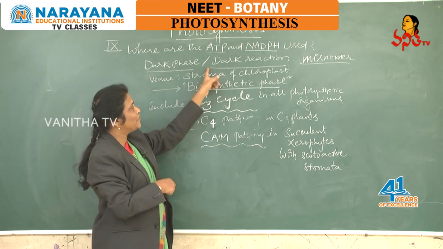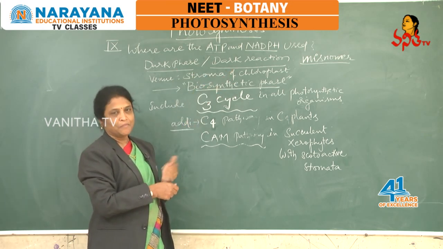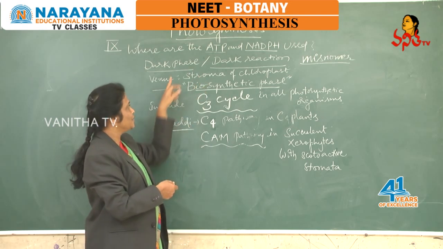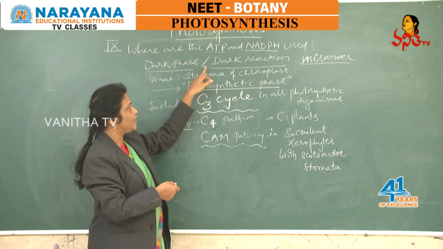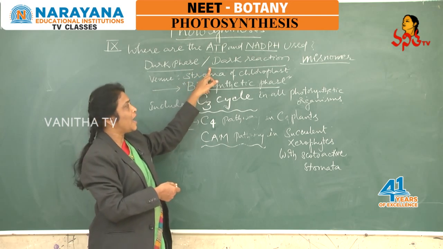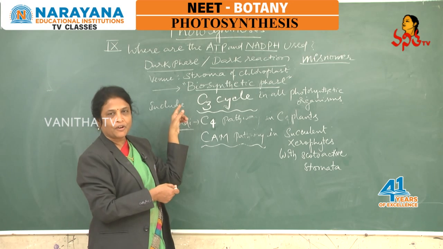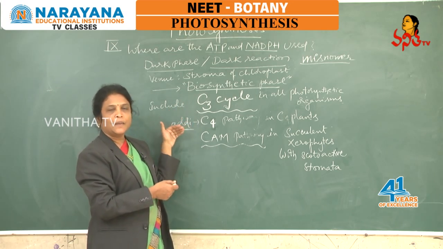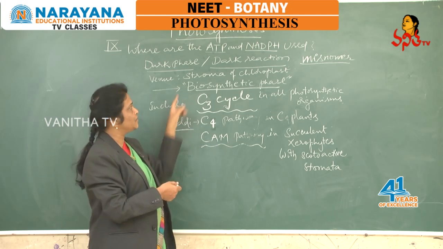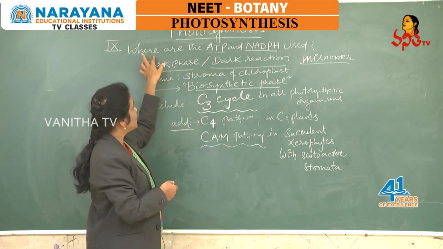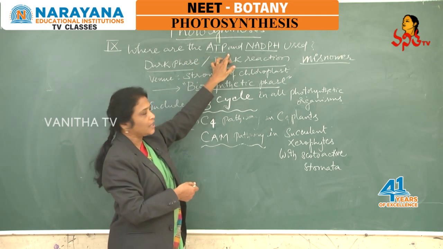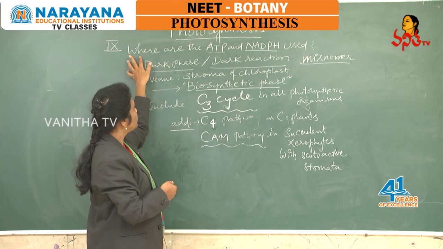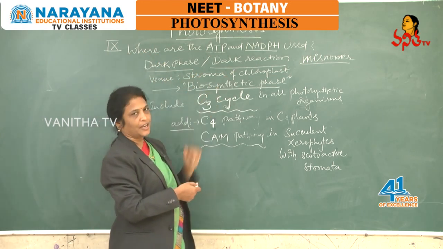So, the name dark phase or dark reaction is a misnomer, but of course, we follow the same name, but it is very clear that the dark phase of photosynthesis, which is the later phase of photosynthesis and which is involved in the synthesis of carbohydrates, occurs independent of sunlight, but depends on the products of light phase, that is assimilatory power, ATP and NADPH, and they are consumed or used during dark phase or dark reaction.